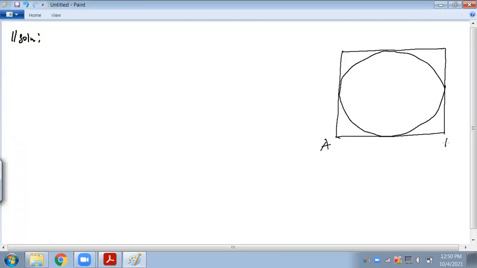Say ABCD is the parallelogram, and the parallelogram ABCD is touching the circle: side AB at P, BC at say Q, CD at say R, and AD at S. And what you have to prove? You have to prove that the parallelogram is a rhombus.